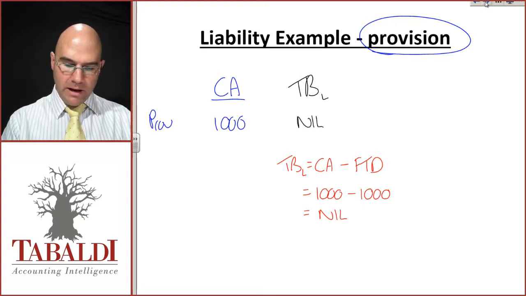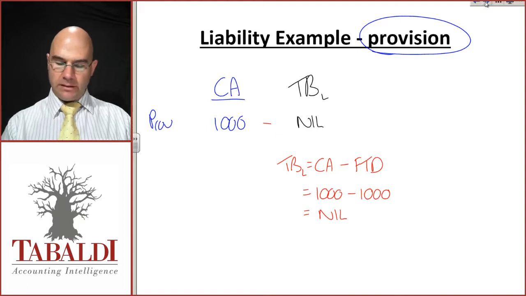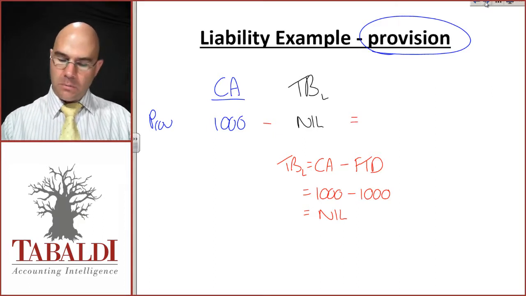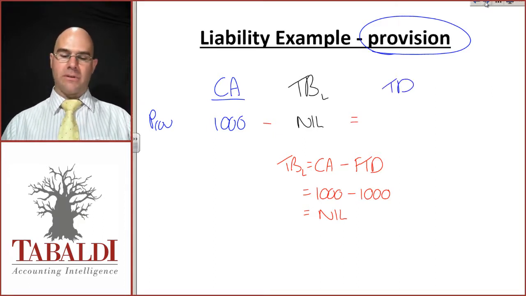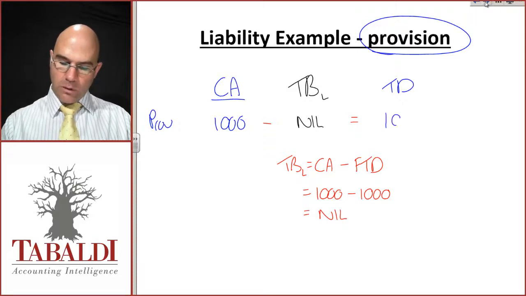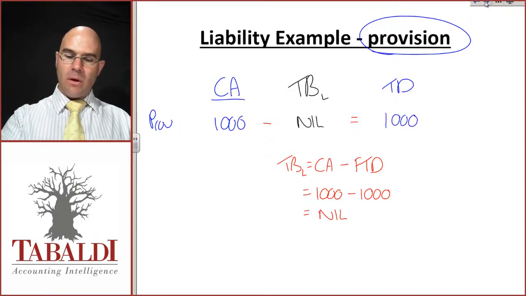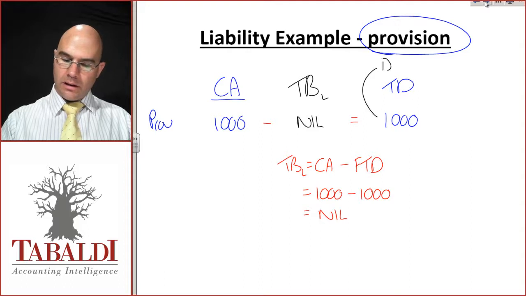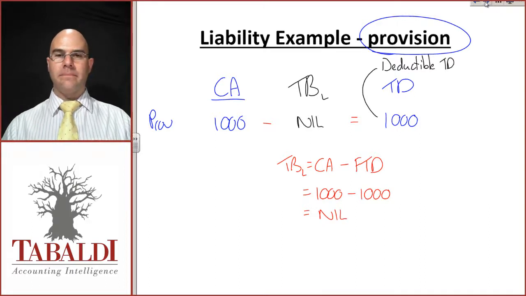Remember how we do this? Carrying amount of 1,000 minus the tax base will give me what? My temporary difference. And that temporary difference here will be a 1,000 amount, and that 1,000 will be a deductible temporary difference. Okay?